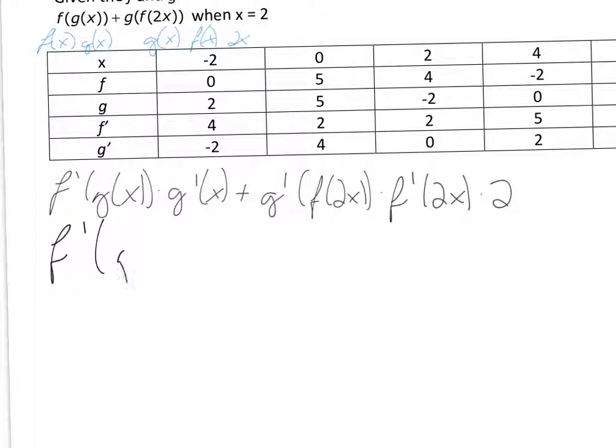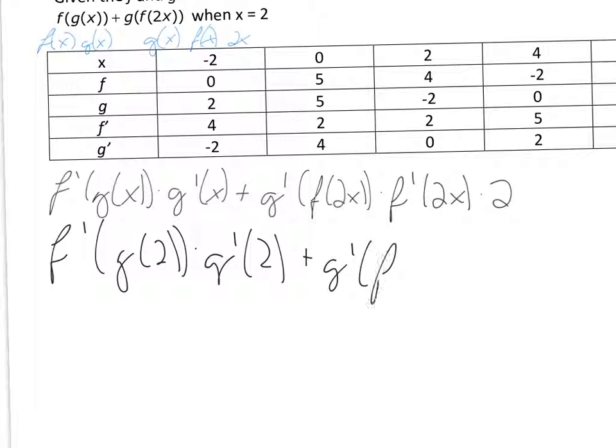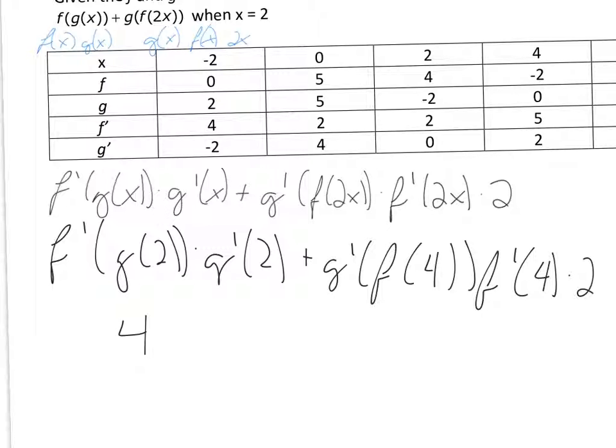Now we're going to start evaluating this at 2. So I'm going to replace all the x's with 2. Of course, that became a 4 because it was 2x, and 2 times 2 is 4. Okay, g of 2 is negative 2, and f prime of negative 2 is 4.